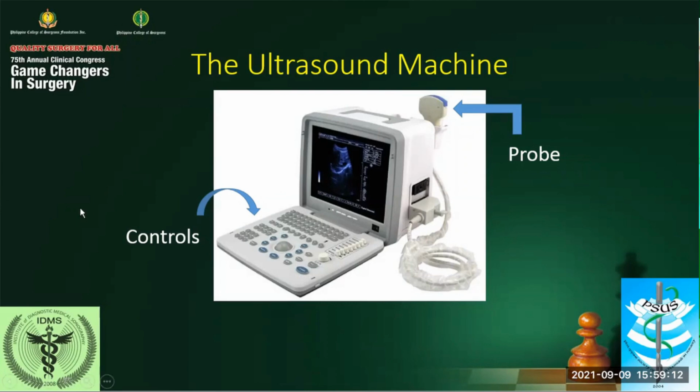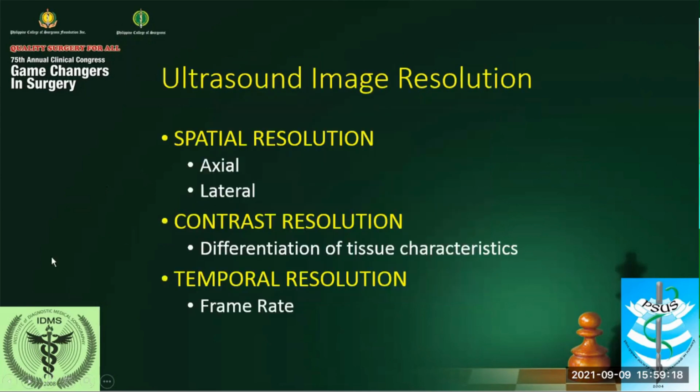Now, speaking of image quality, we know that all imaging modalities are concerned with resolution. In ultrasound, image resolution is classified in three areas. First is spatial resolution.